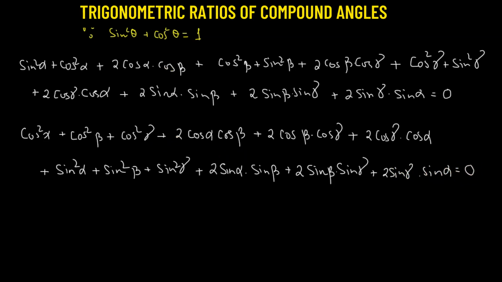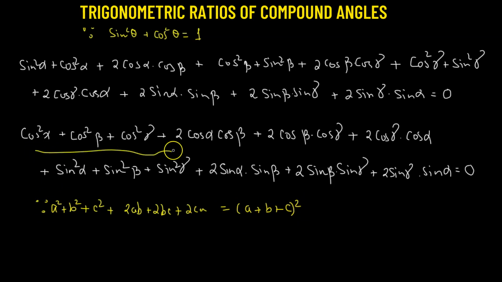Now, immediately we observe a pattern here. We know for a fact that whenever we have a squared plus b squared plus c squared, and to it we add 2ab plus 2bc plus 2ca, that's nothing but the expansion of a plus b plus c whole squared. This is a known fact, and this was the whole idea behind our manipulation.